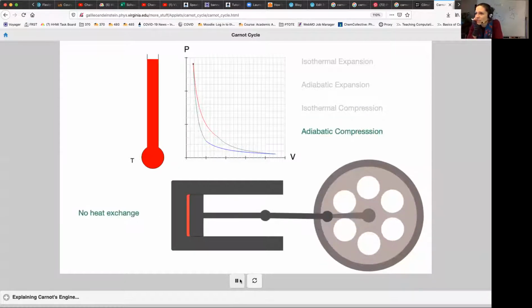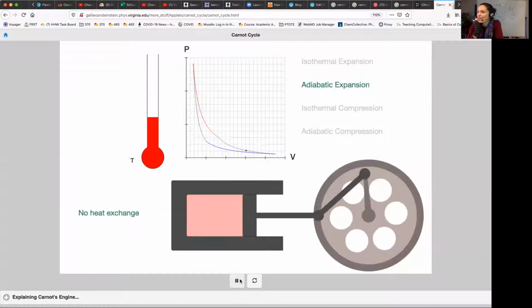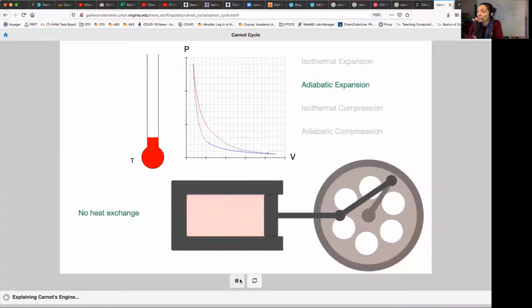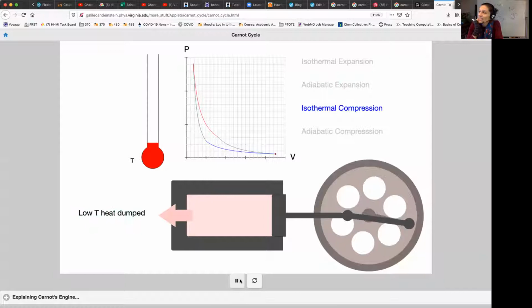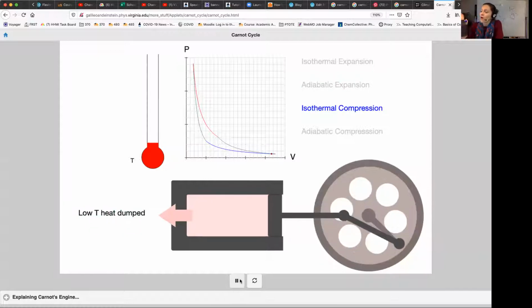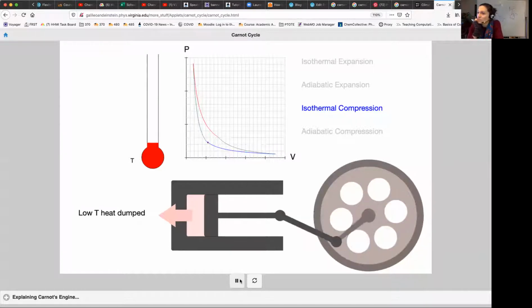We started at a high pressure that causes the volume to expand. Now we're in adiabatic expansion, no heat's transferred, but we're changing temperatures. Now we're at an isothermal compression. This is at T cold.